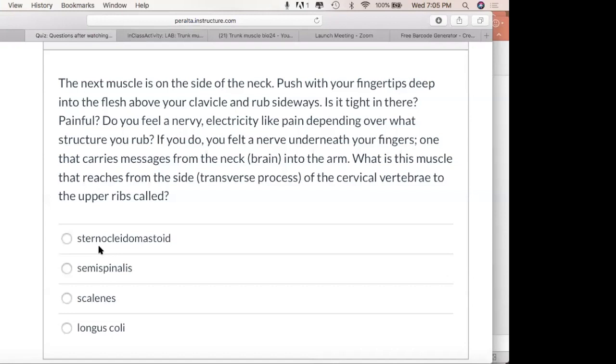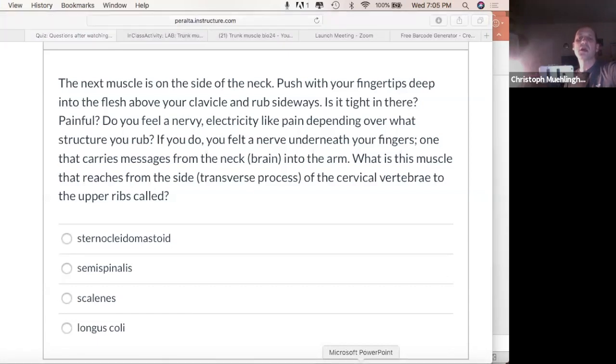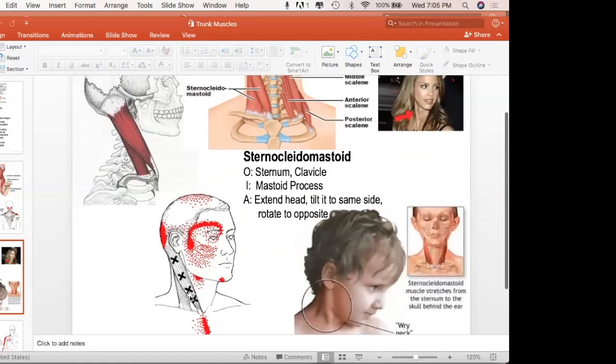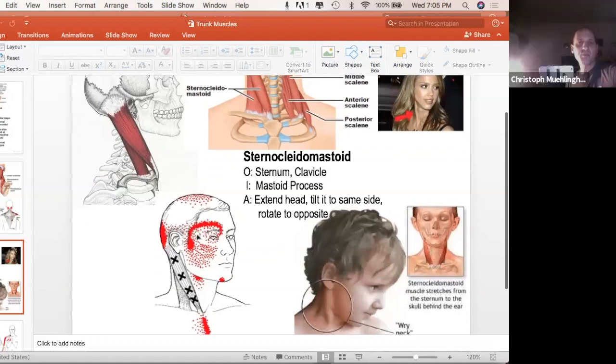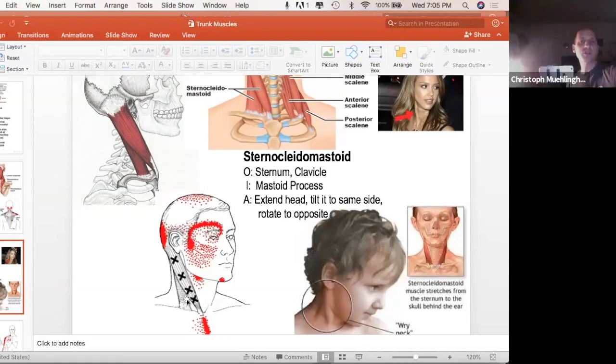Then you want to bring this booklet back, because in the booklet I did all these pictures, and you see these pictures with X's in the muscle, and then these red zones, these red areas. These are the areas where this muscle can give pain.